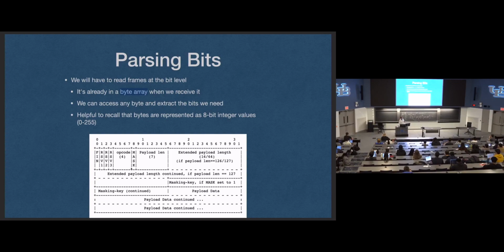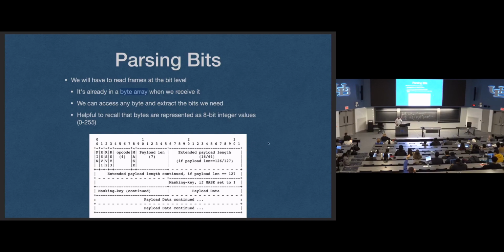It's going to contain this fin bit, our 3 reserve bits, and our 4-bit opcode. All of that will be in the first byte of that data. If you say, give me the byte at index 1, you're going to get the next 8 bits, this mask and payload length.